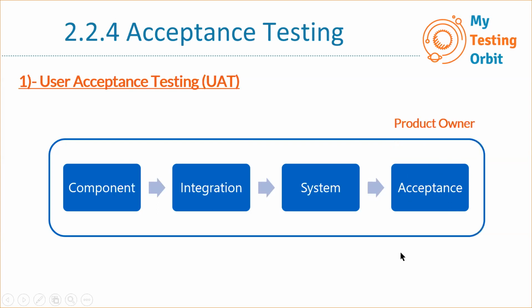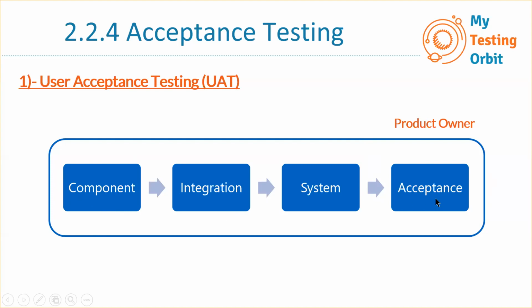The second scenario is where a product is being built within a company from end to end. It's their own product, and after that, it's deployed to production for users, so users can use that product. In this case, all these test levels will be done in that company: component, integration, system, and acceptance testing.